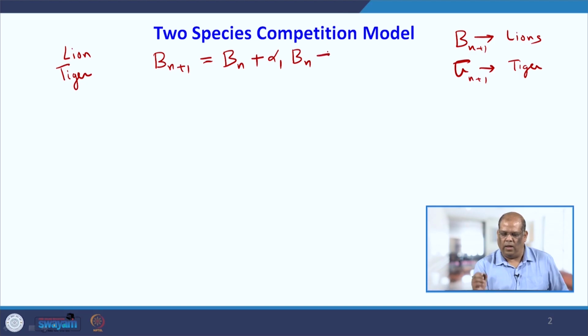Then there will be an interaction between the lion and the tiger, rather a competition for food, and let that be at a rate beta 1. And ultimately, the same species lion will also compete for food, and hence that happens at a rate gamma 1.